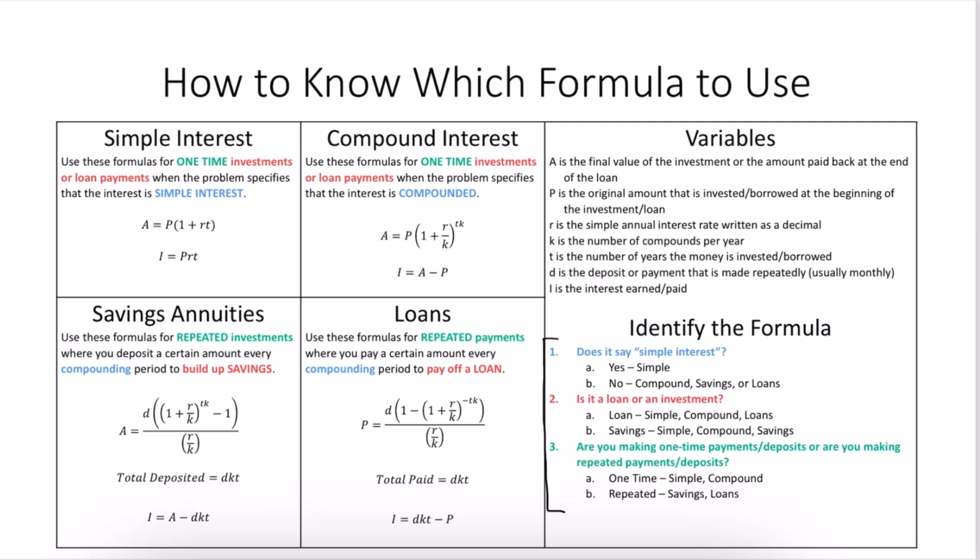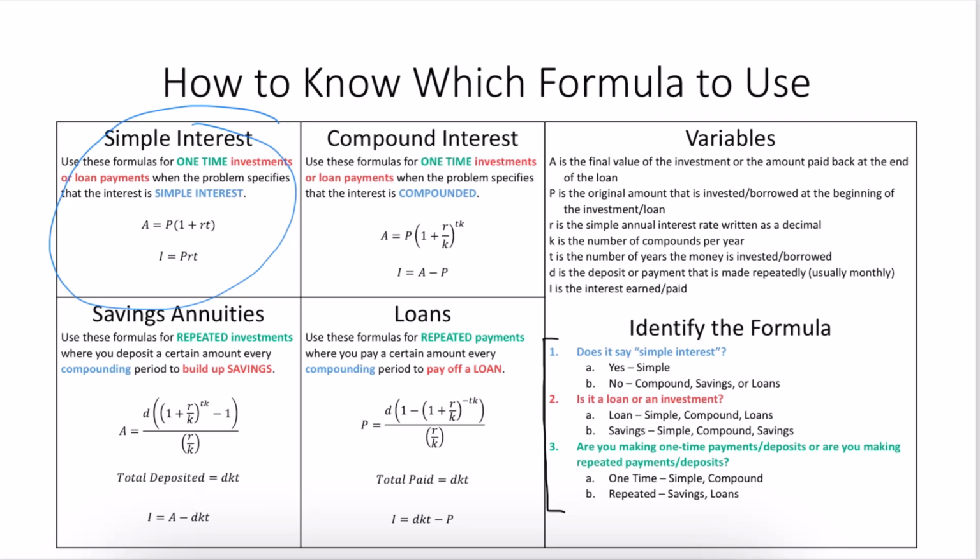And if it does say simple interest, then you can just know that it's the simple interest category because those formulas are the only ones that calculate the interest where you're only earning interest on the amount you invest or paying interest on the amount you borrow, but you're not having to earn or pay interest on the interest, if that makes sense, because that's how compound interest works.